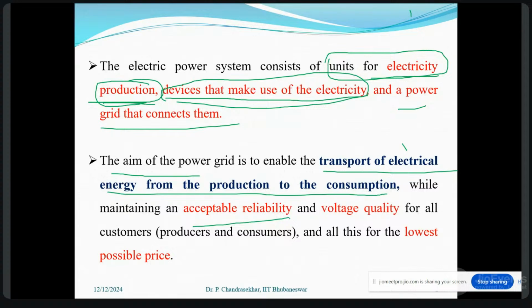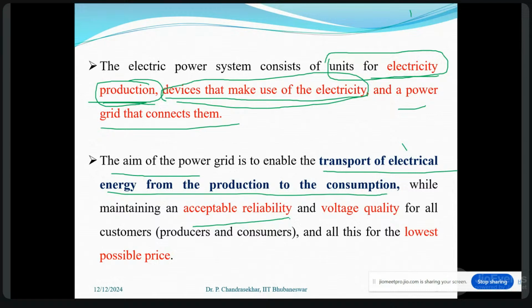Acceptable reliability. To be more practical, 100% reliability we cannot achieve. As a consumer, we prefer higher and higher reliability. Whereas if we make higher reliability a necessity requirement, considering the practical aspects, it may not be achieved 100%.